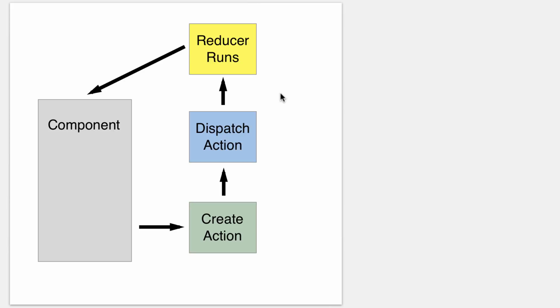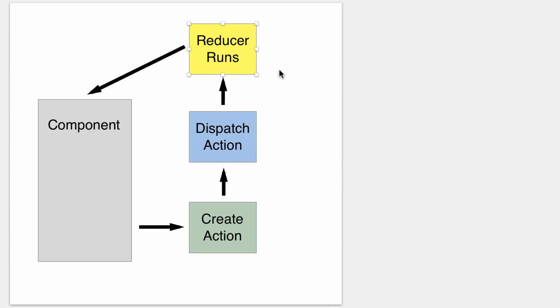Let's look at our picture. Here's the basic flow. We have our React component over here on the left. Whenever we click on the button that says increment, we're going to create an action, and then we're going to dispatch that action to what's called the store, and the store will run through its reducer.